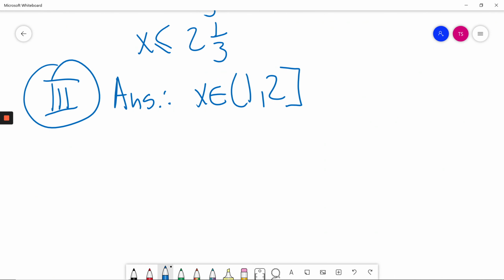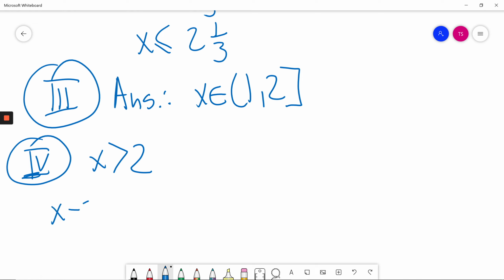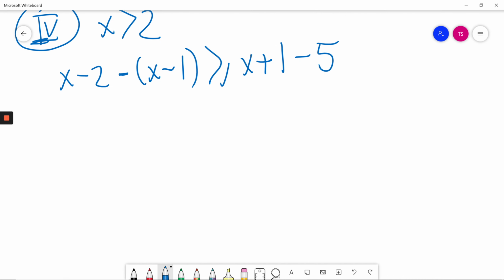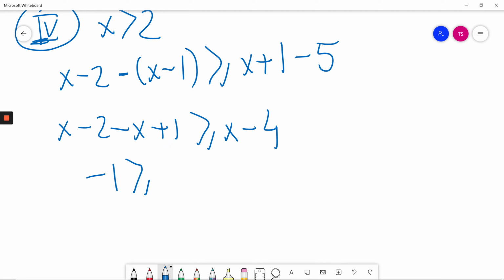Now the last interval, interval 4, I will solve it for x more than 2. And this will become x minus 2 minus x minus 1 more or equal x plus 1 minus 5. X minus 2 minus x plus 1 more or equal x minus 4. Negative 1 more or equal x minus 4.